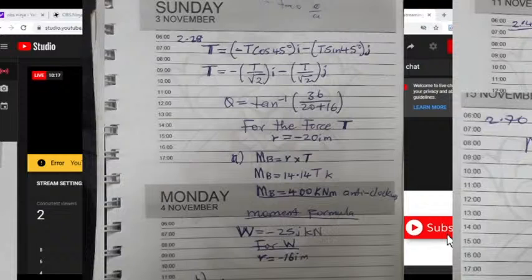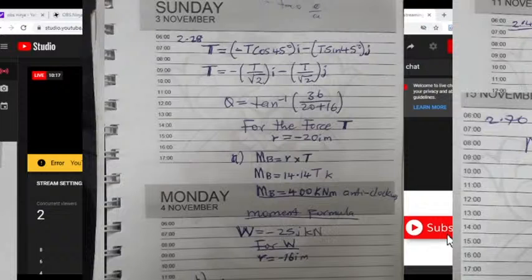So here what I did, if you take your calculator and say negative 20 times 1 over square root 2, it is going to give you 14.14 T. Then after that, you substitute your T. The whole of T is going to give you 400 after you substitute everything for MB.